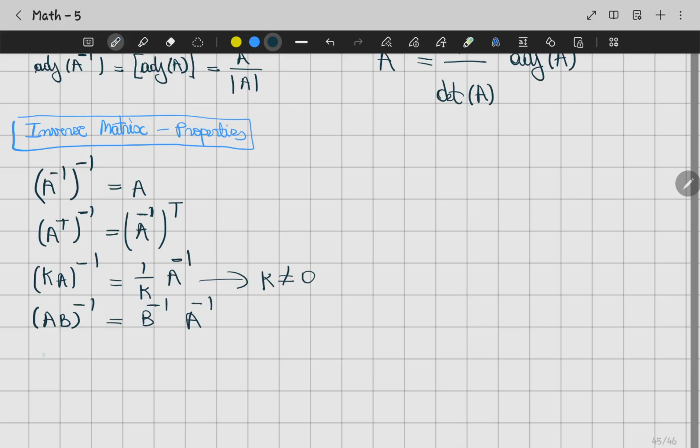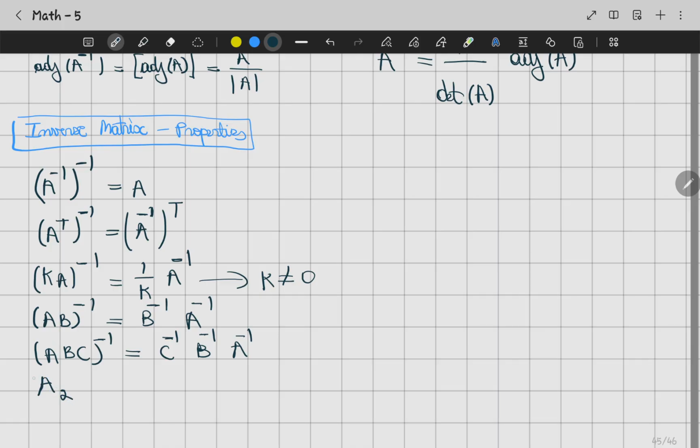Okay, now let's see A, B, C inverse, and this will give us C inverse, B inverse, and A inverse. Okay, now let's see this other property.